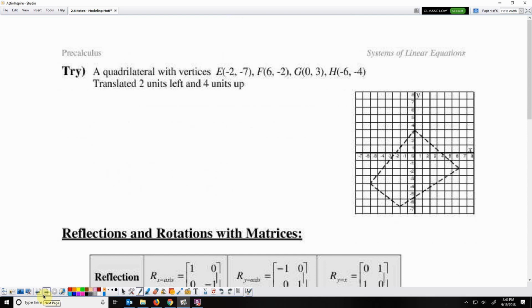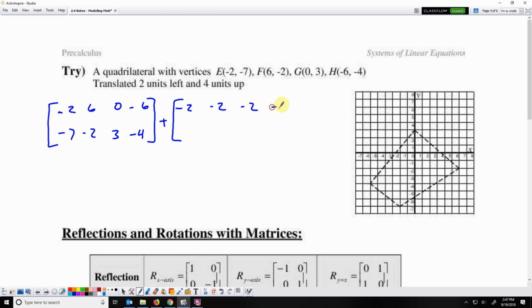Now we are going to translate our quadrilateral. So it's -2, -7, 6, -2, 0, 3, -6, -4. 2 units left, so left would be negative 2 to all of the x coordinates, and 4 units up, so that's a positive 4 to all of the y coordinates. Negative 2 plus negative 2, 6 plus negative 2, 0 plus negative 2, and negative 6 plus negative 2.